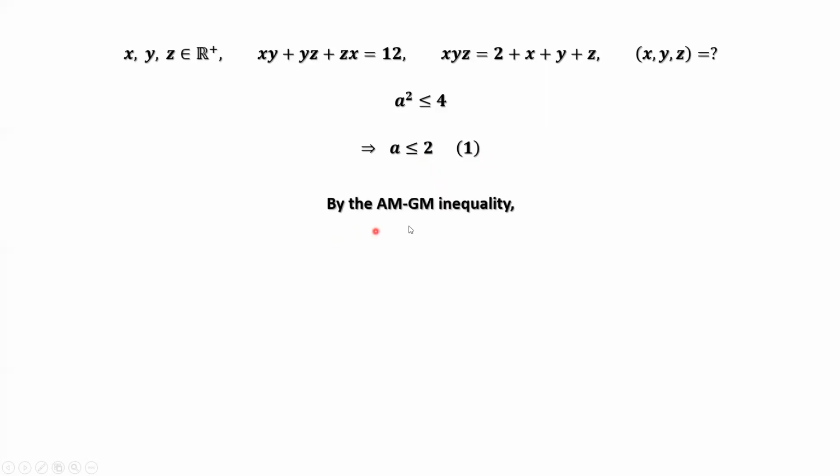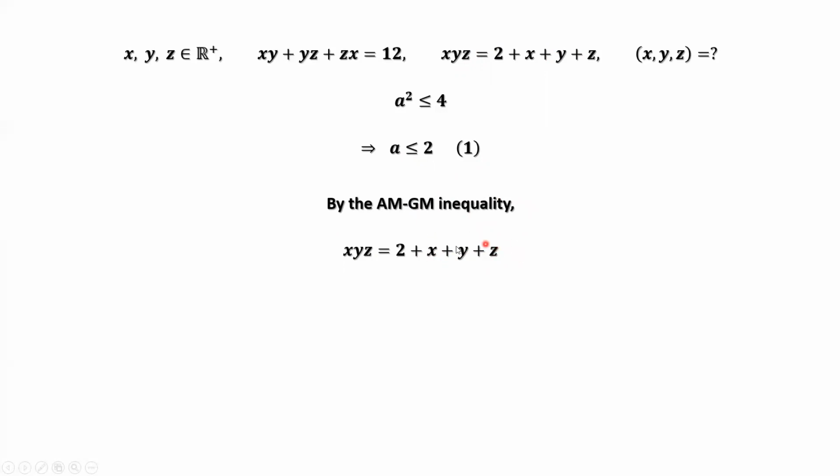We use this inequality again for the second given condition, xyz equals 2 plus x plus y plus z. We only apply this inequality to the sum of the last three terms.